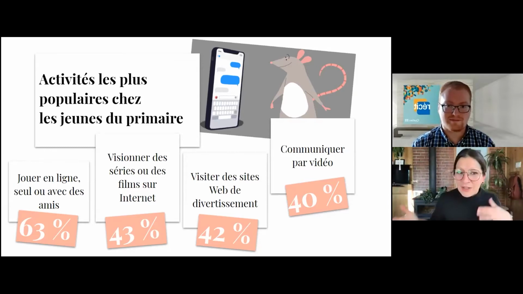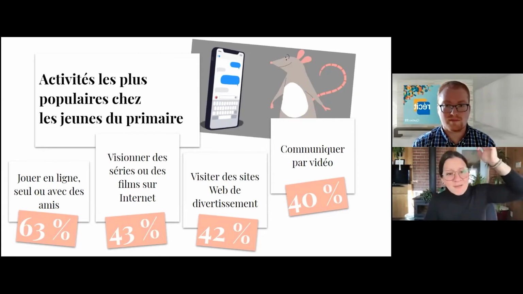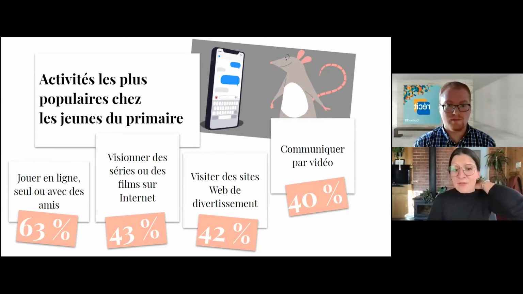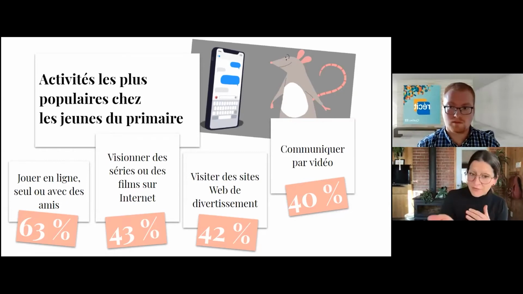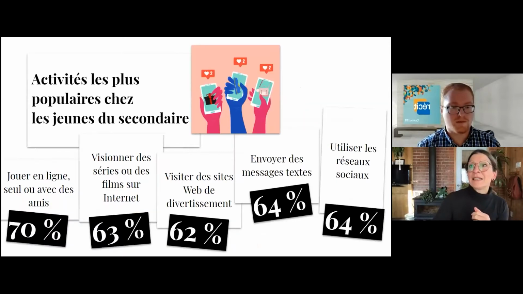It's more interactive. So that's a new definition of collaboration and of playing together. The second is viewing series or films on the internet, viewing websites or leisure websites. These are interesting statistics. Obviously, the pandemic had a strong impact on this last category. Communicating by video is 40%.